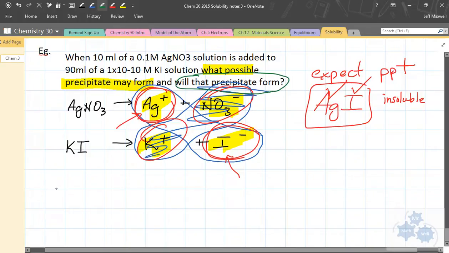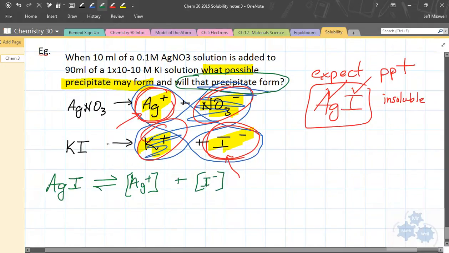So what we have to do, and here's AgI, if it's in phase equilibrium, it doesn't matter what you put there really right now. But we have the concentration of Ag plus times the concentration of I minus, right?